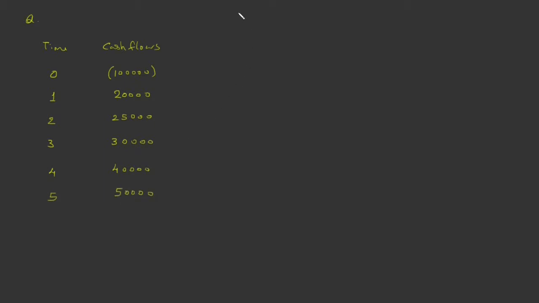It is asked to calculate NPV and decide whether to accept or reject the project. The discount rate given is 10% per annum. So the time is in years.